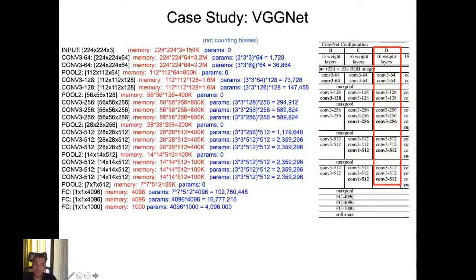This is because the input dimension, the number of activation maps, is 64. So this increases gradually, and the largest number of parameters is when we switch from the activation maps of the last convolutional layer to the fully connected layer.